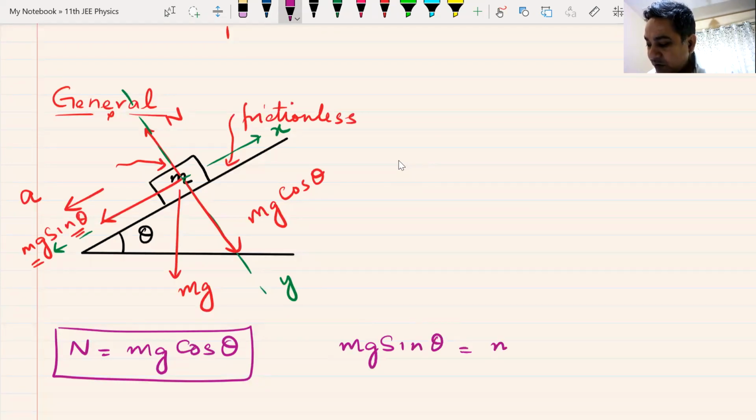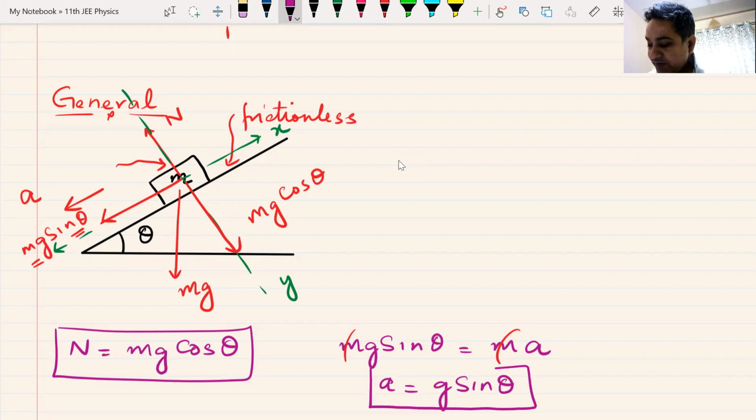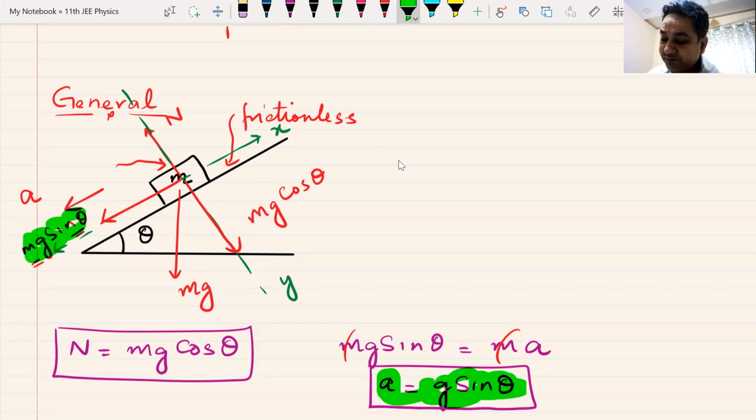And that becomes equal to ma. See the beauty of this. m gets cancelled. And my simple answer becomes acceleration of this block is g times sin theta. g sin theta is the acceleration of this block from this green equation.